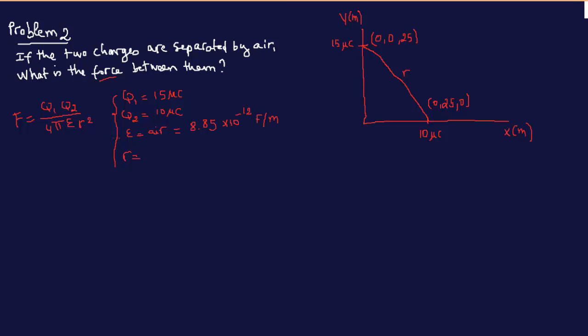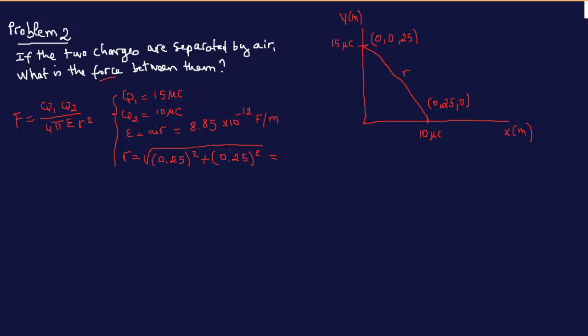Now R is the unknown here. How do I calculate R? From the graph that's given on the right, this is a triangle. Finding R is obvious. Basic math: 0.25 squared plus 0.25 squared, square root of that.